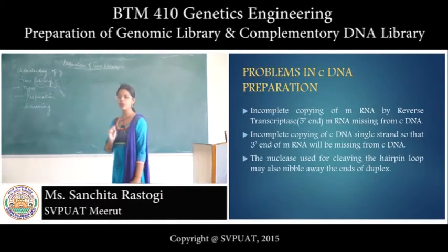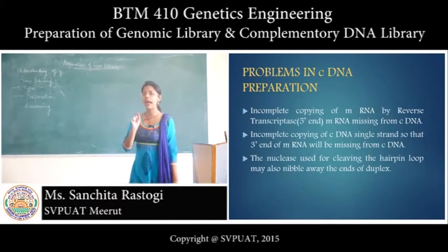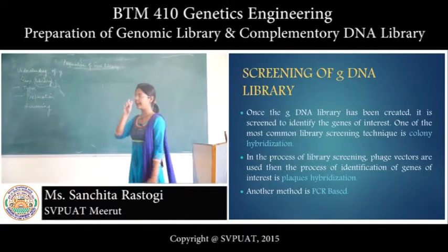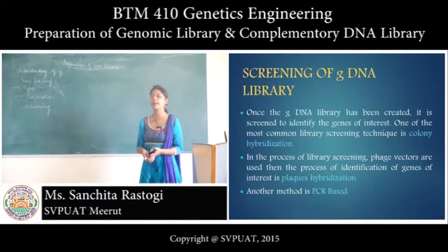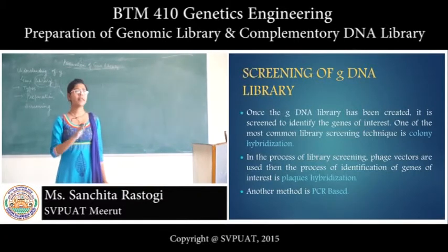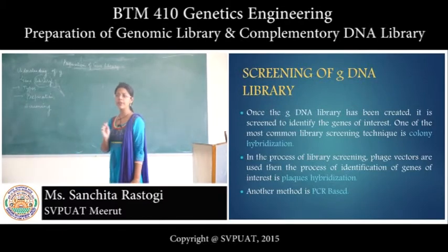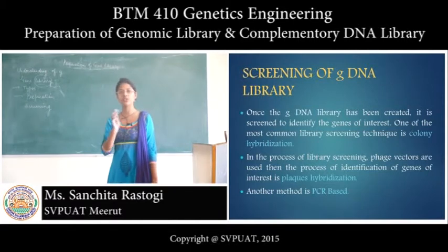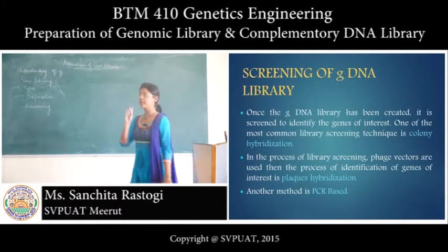Now we have learned about the gene library and cDNA library, so how can we screen them? Screening means we have prepared the genomic library and the cDNA library, but we do not know whether our DNA has actually been transferred to the gene library or to the cDNA library.